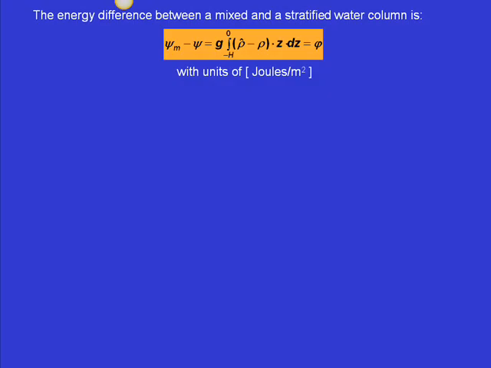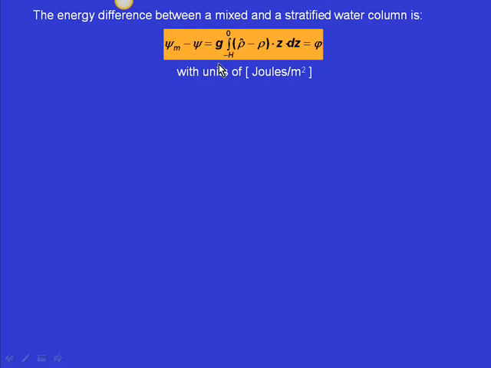So what I was saying before is that we need to find out the difference between the two, the mixed water column and the stratified water column. We're trying to find out the energy that we need to bring the center of mass from the stratified water column to the mixed water column. That's how much energy we need to input in the water column to mix it.